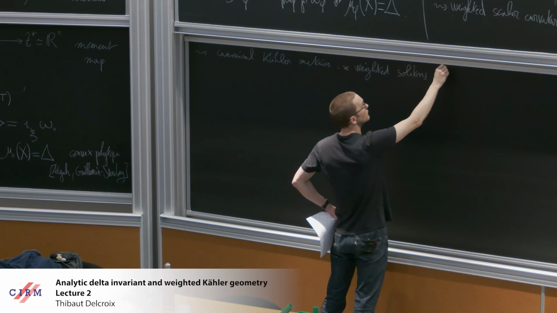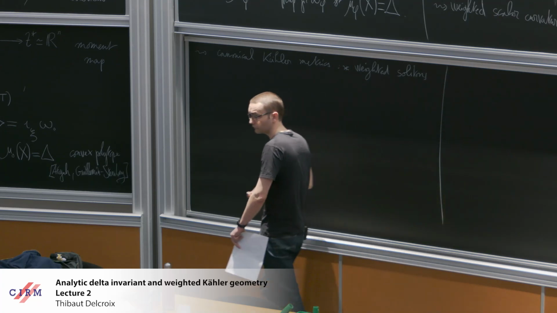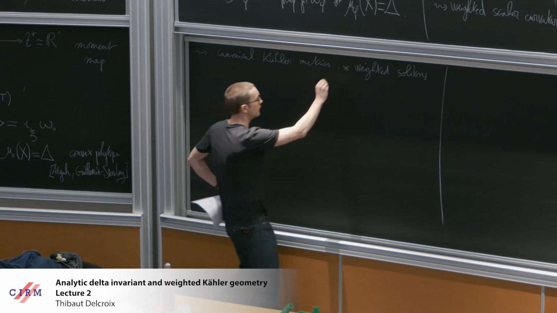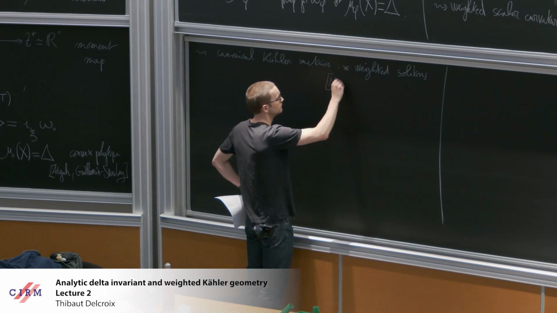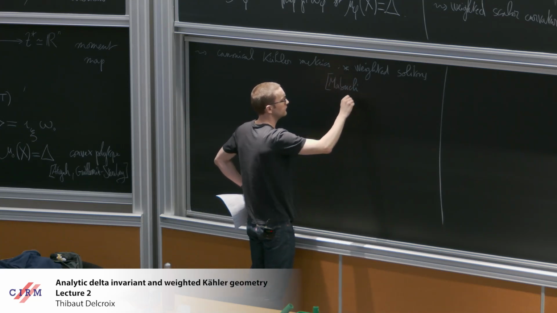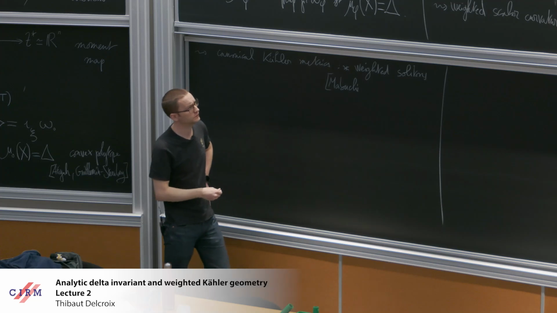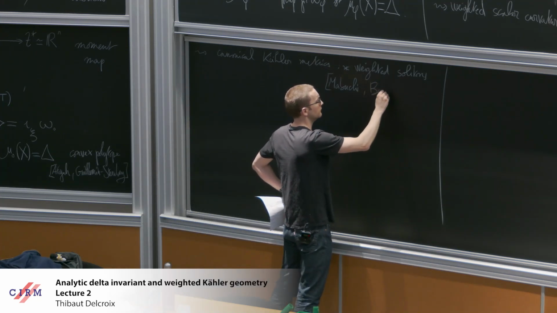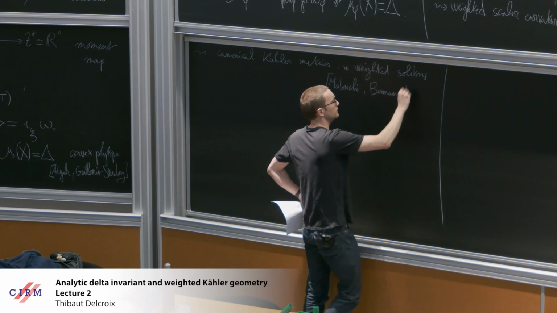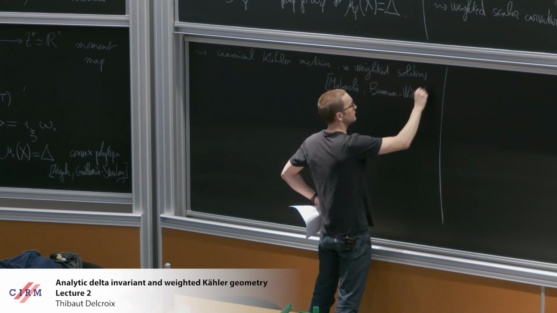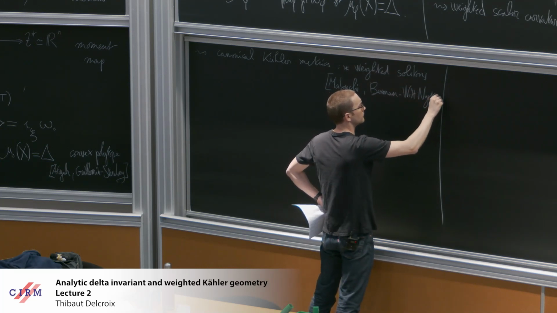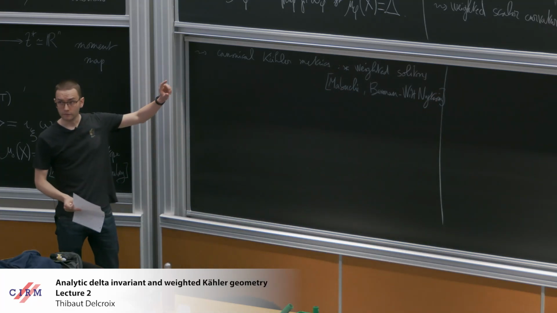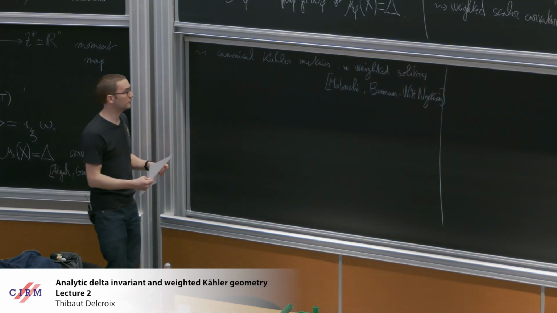Well, we could say weighted Kähler-Einstein, but the terminology is rather weighted solitons. And it was first considered in this generality by Mabuchi, and then later by Berman with Nyström in this generality. In the general setting, but there are many examples.